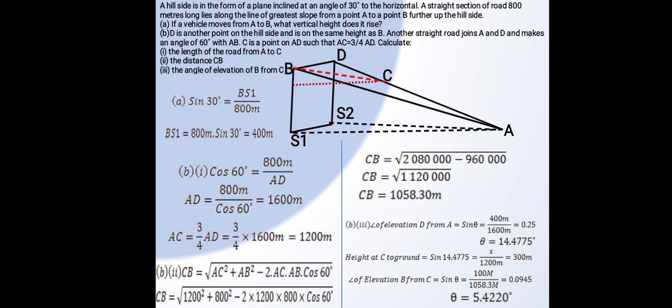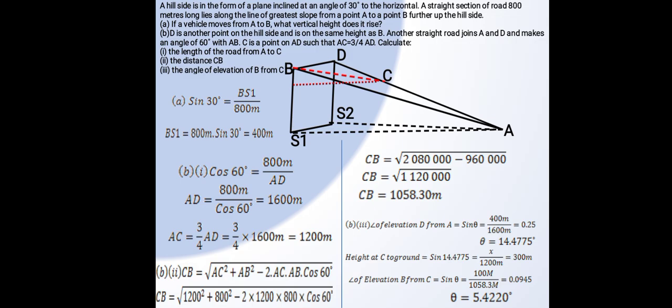The opposite side BS1 is the distance the car will ascend when it moves from point A to B. Now, sine 30 is equal to BS1 over 800. Computing, you get that the height the car will rise is 400 meters.